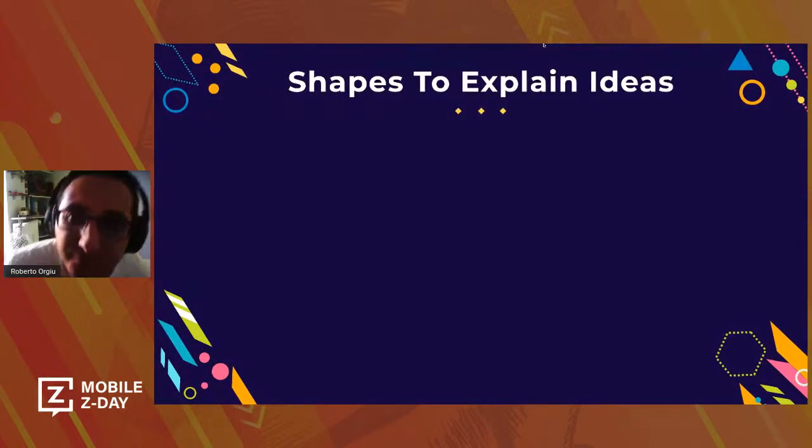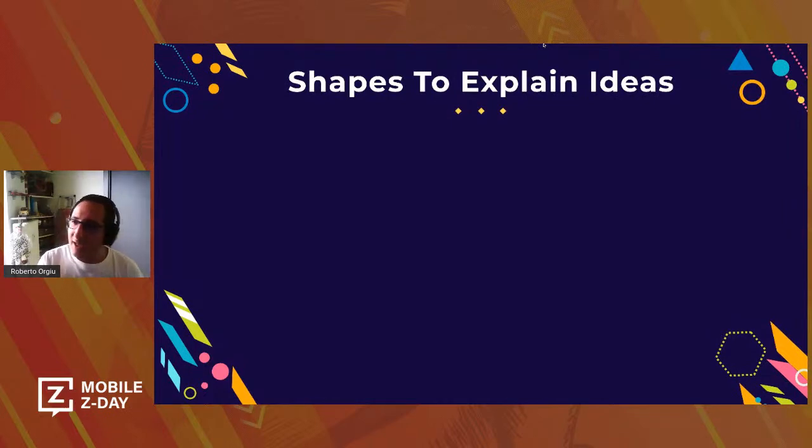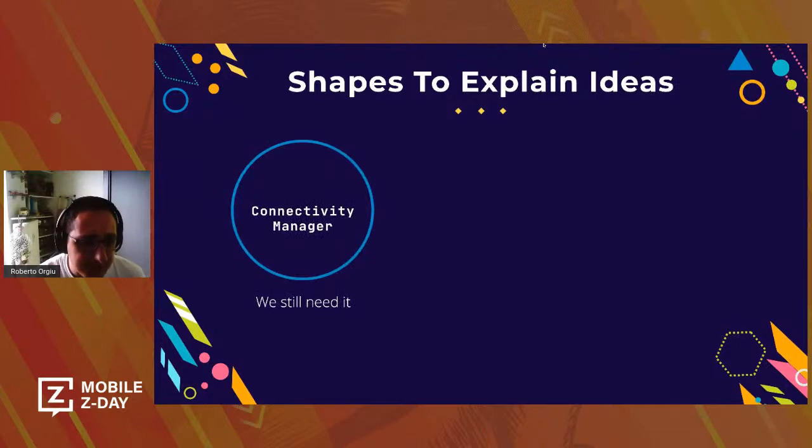So what happens now? Well, we definitely still need the connectivity manager, because that is what will actually check for our connectivity in some other way than what we were using earlier.